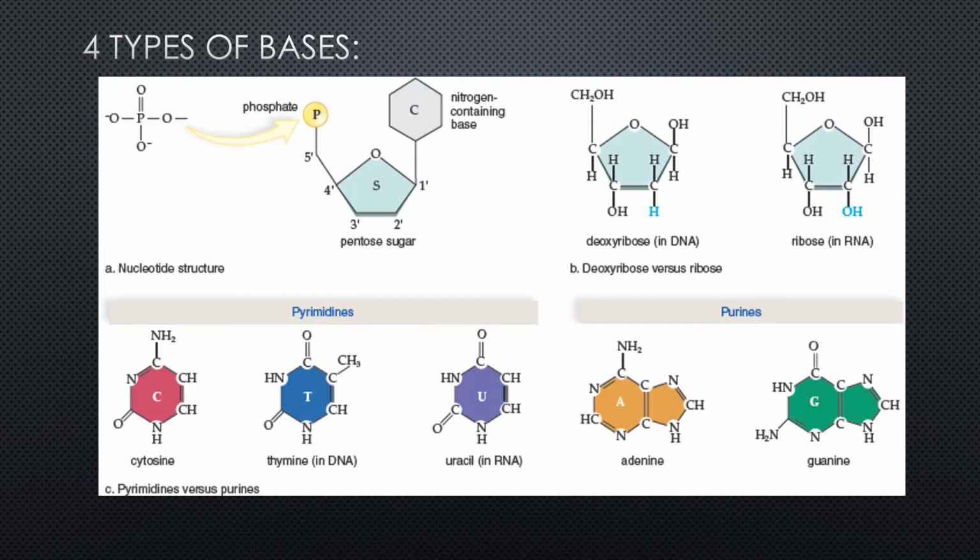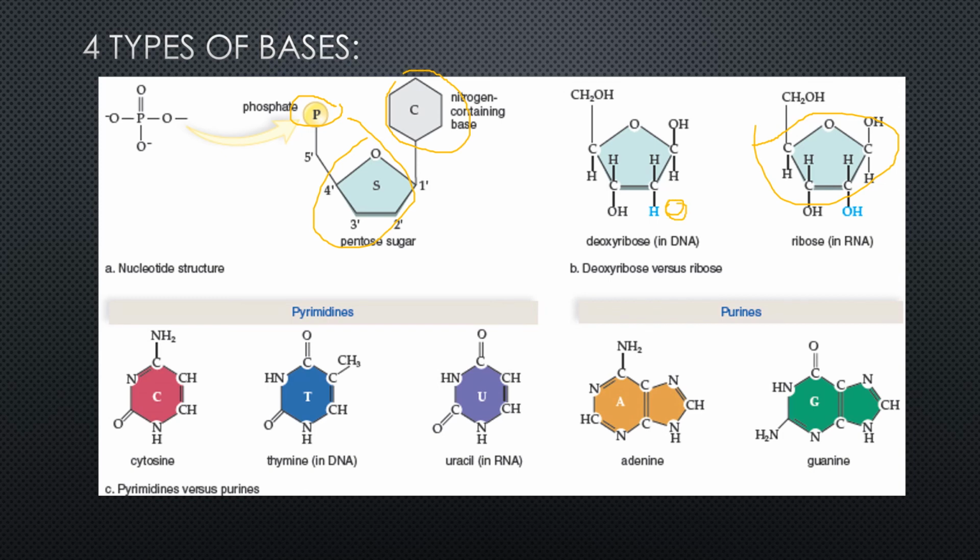So this is just a closer look at our nucleotide structure up here at the top left. So here is our phosphate group, our pentose sugar, and then our nitrogen-containing base. And for our pentose sugars, here we have ribose for RNA and our deoxyribose, notice that the oxygen is missing here, for our DNA.